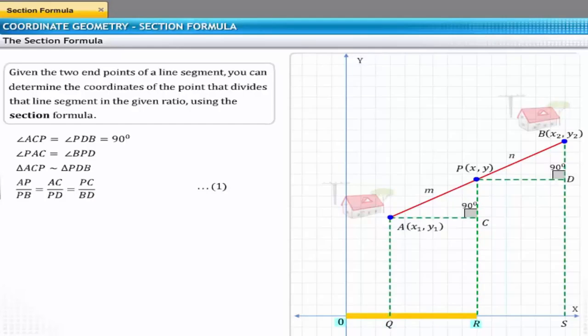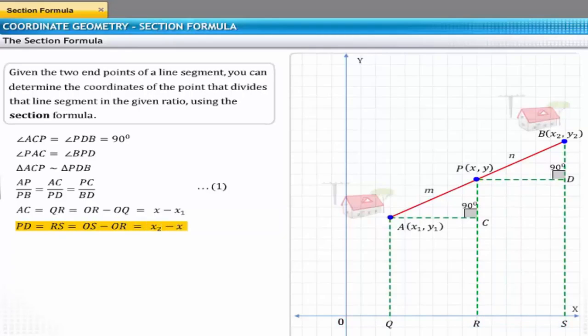QR is equal to OR minus OQ is equal to X minus X1. Thus, AC is equal to QR is equal to OR minus OQ is equal to X minus X1. Similarly, PD is equal to RS. Thus, PD is equal to RS is equal to OS minus OR is equal to X2 minus X.